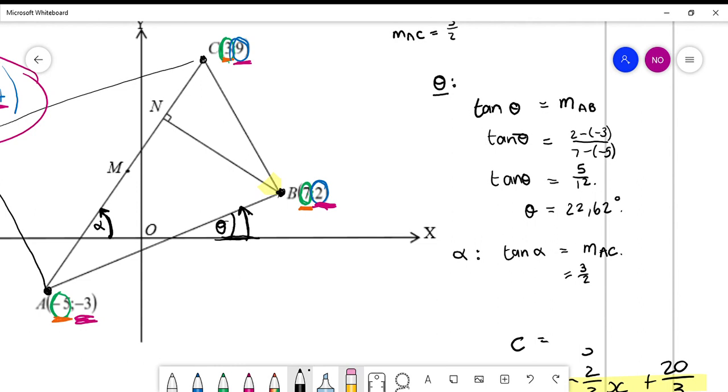We calculated that the gradient of the line AC is 3 over 2. So you say shift tan 3 over 2 is equal to 56,31 degrees. So this angle is equal to 22,62 and this angle is equal to 56,31.